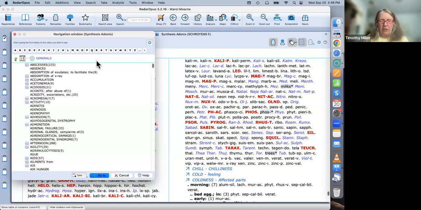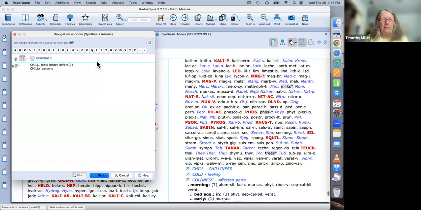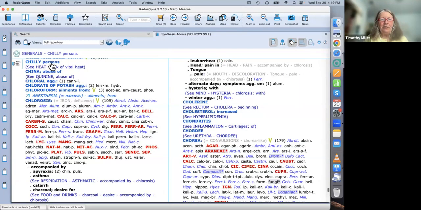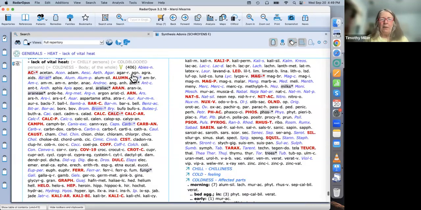Chilly. CHILL. Look, chilly persons. Let's go to chilly persons and look what it says. See heat, lack of vital heat. Okay. There we go. 406 remedies. I'm sure that the medicine for this patient is there. I'm just going to use my equal sign, which throws it onto the first clipboard.